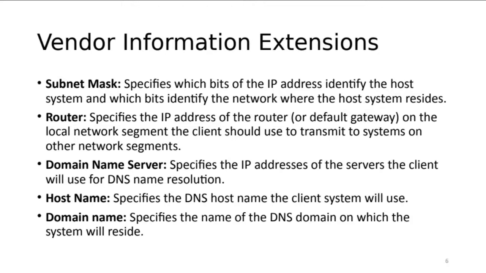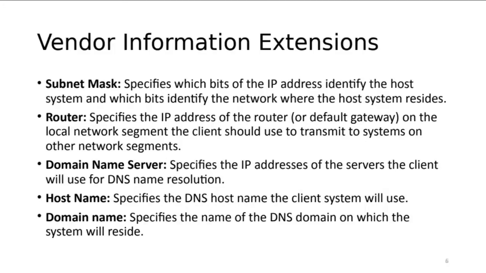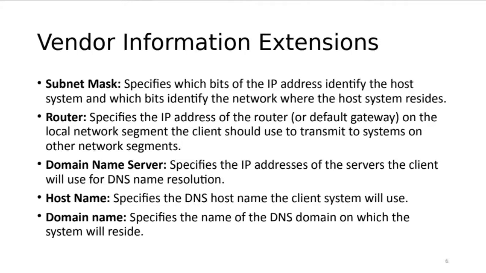Domain name server, or DNS, specifies the IP address of the server the clients will use for DNS name resolution. Host name specifies the DNS host name the client system will use. Domain name specifies the name of the DNS domain on which the system will reside. These are all given through the vendor information extensions.